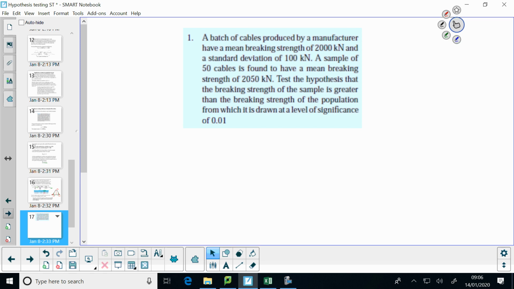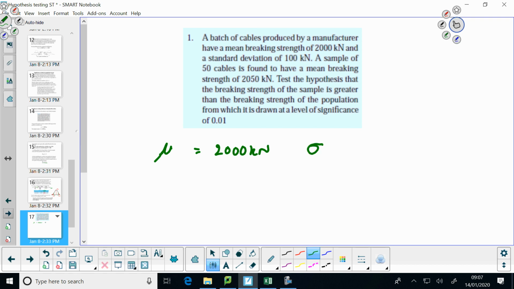Alright, so what data are we looking for from the question? What is the value of the population mean, at 2,000 kilonewtons? What is sigma, the standard deviation?